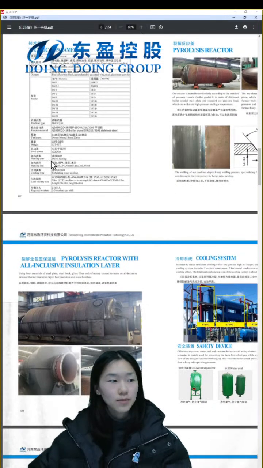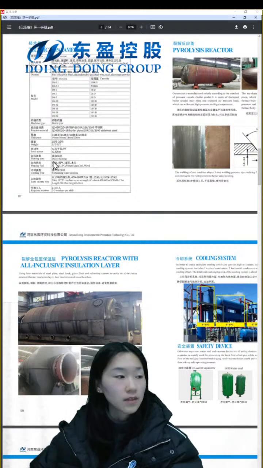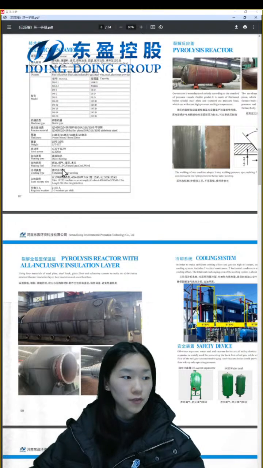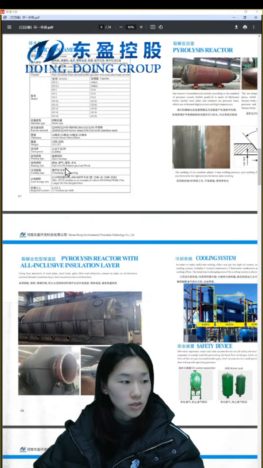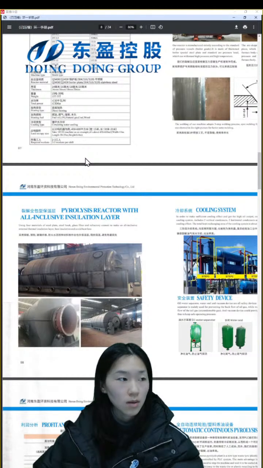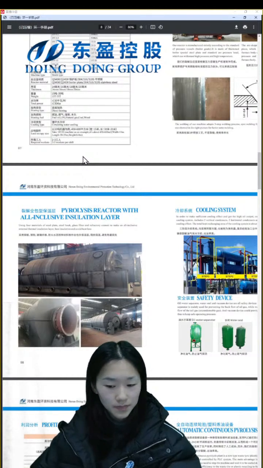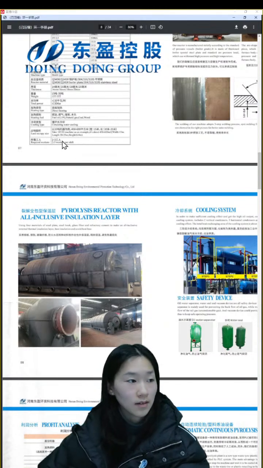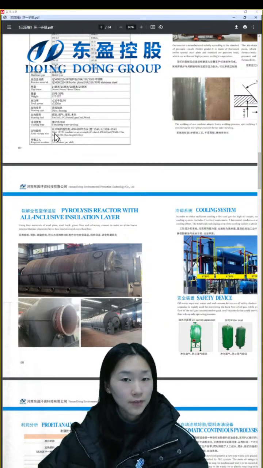For the batch type machine, you can see the heating type is direct heating. Heating fuel, you can use fuel oil, natural gas, coal, wood. In general, customers choose the heavy fuel oil to heat the reactor.